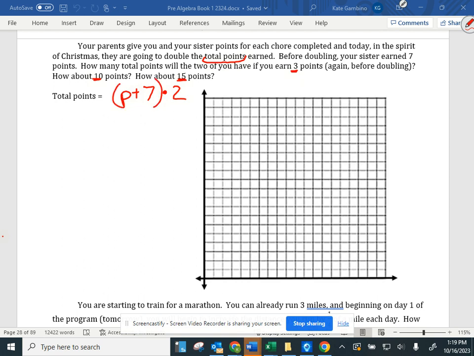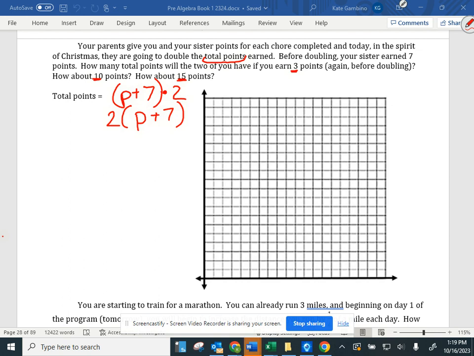I have to have my parentheses around my P and 7, because I'm going to add first. I'm going to get the total of my sister's points of 7 and whatever points I had, and then I double it. So the mathy way, you always put the number first and then the parentheses.